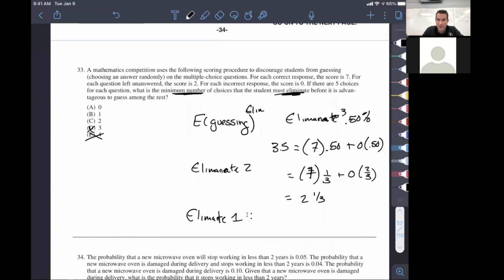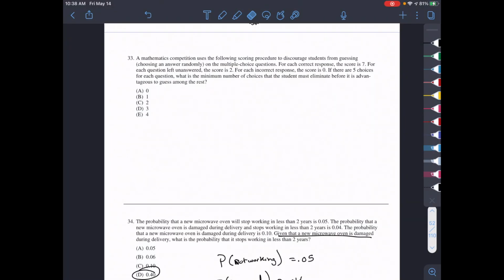And so my expected value is going to be a lot less. That's like 7/5, which is 1.2 if I eliminate one. I would only expect to get 1.2 points for each question. So then this is saying, if there are 5 choices, what is the minimum number of choices? I would say 2.3.